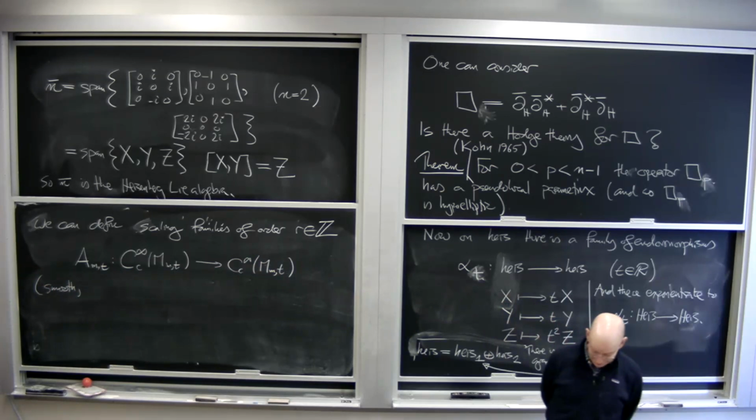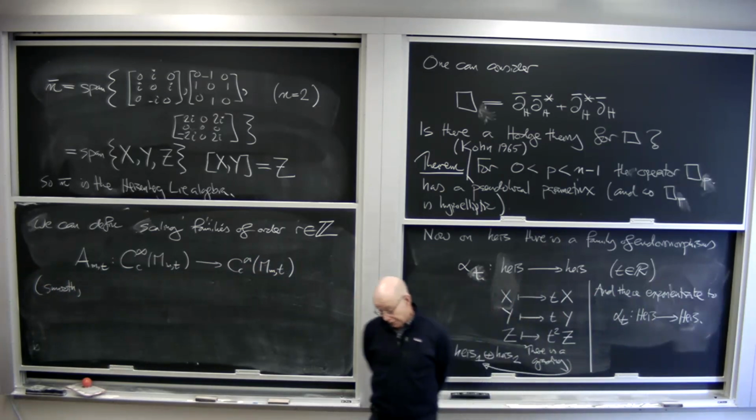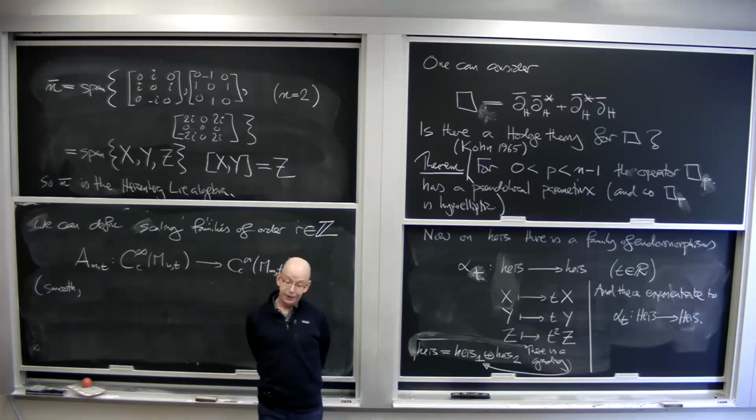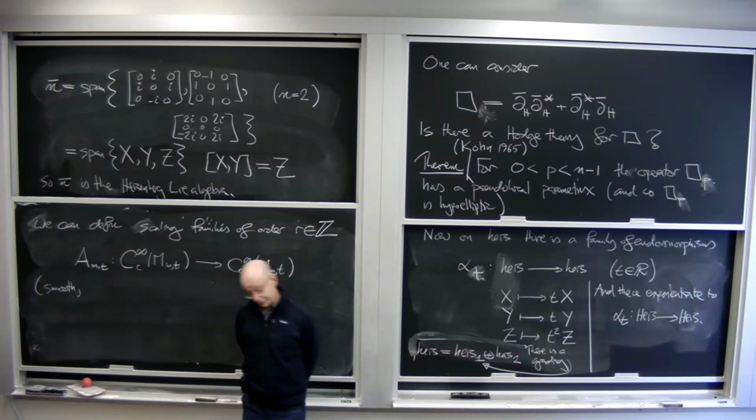No, if the action on H_2 is multiplication by t squared, and you take a Lie bracket of two things in t squared, then on the Lie bracket, the action has to be multiplication by t to the fourth. So you're not allowed to stay in t squared. If this is an actual action by Lie algebra endomorphisms, then the bracket of something in t2 and something else in t2 has to be somewhere else, namely in t4, H_4.